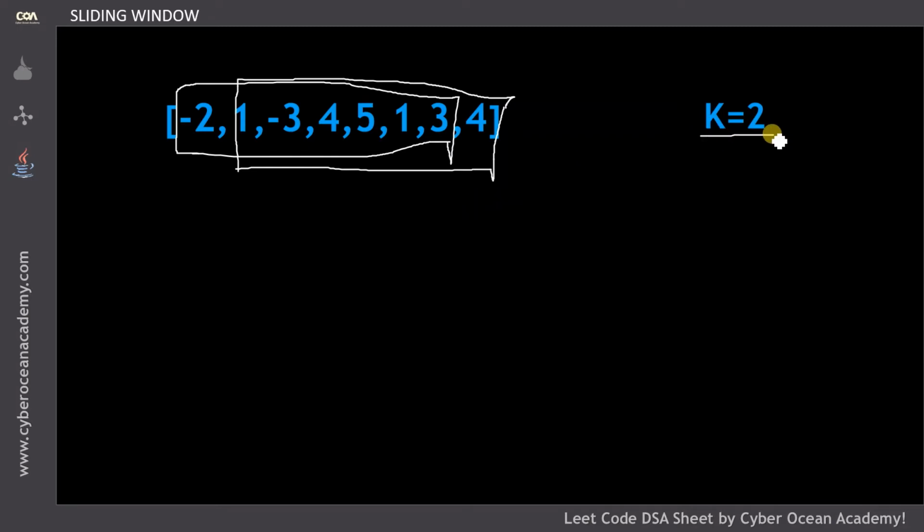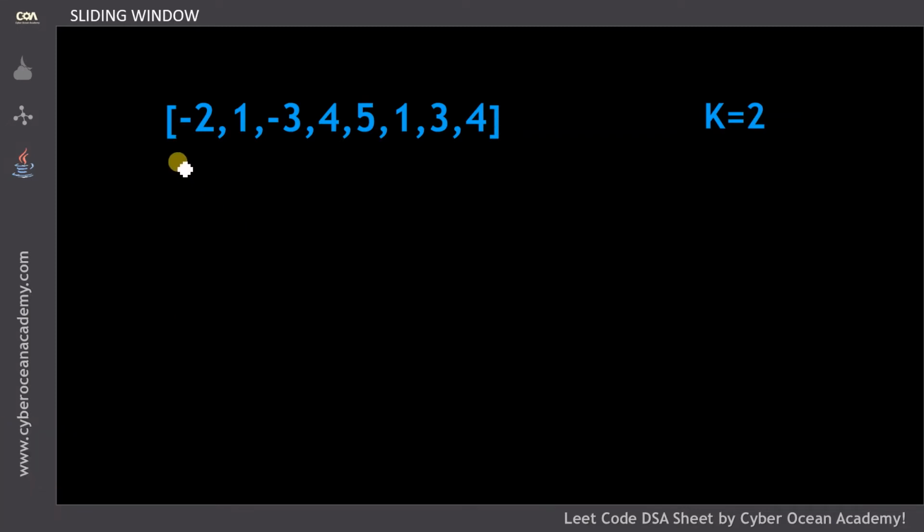So what we actually do, I'm erasing all the lines again. Since we have to solve this problem, we will first calculate the initial subarray sum inside the first window. Our first window is minus 2 and 1.